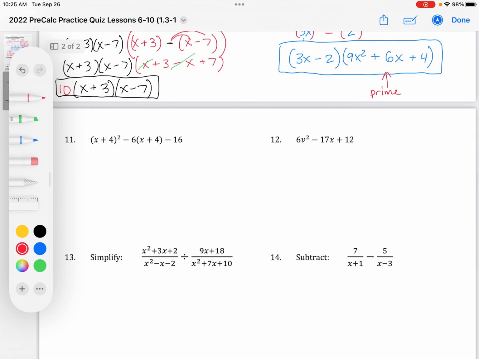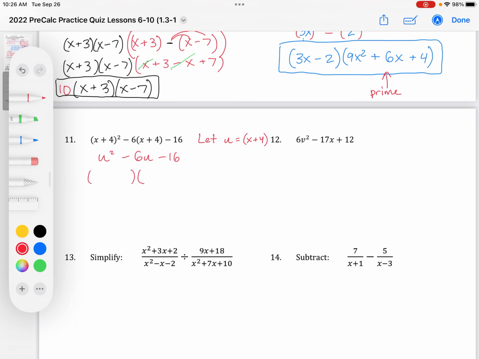All right, 11. We're going to do a substitution here. So I'm going to say let u equal that x plus 4 quantity. Because then I can rewrite this as u squared minus 6u minus 16, which is a lot easier to factor than what I have now.